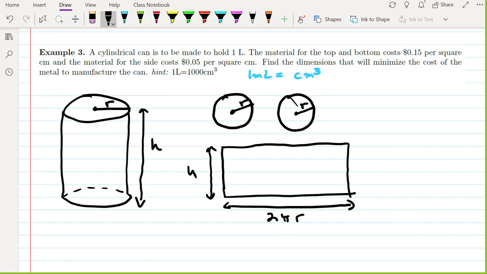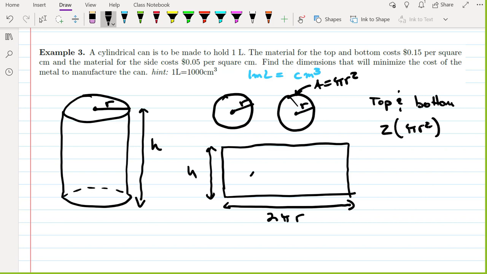So then we can now calculate the area of each of these things. So the area formula for a circle is pi r squared. So then the top and the bottom, we have 2 circles, so its area is going to be 2 times pi r squared, because they each have an area of pi r squared.